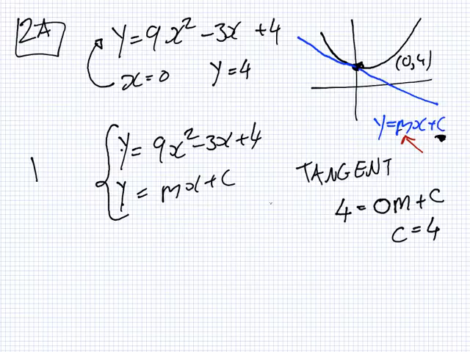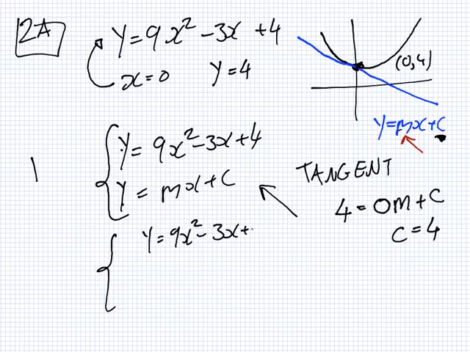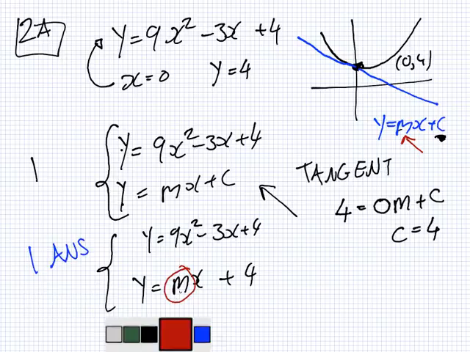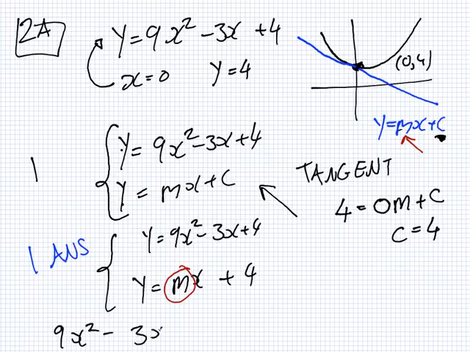So now we go back to here, but I'll just change this into y equals 9x squared minus 3x plus 4, and y equals mx plus 4, and we are looking for the m. And what we know is there's one answer here. So let's try and solve it. 9x squared minus 3x plus 4 equals mx plus 4.